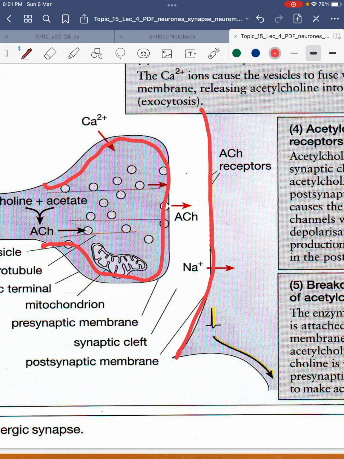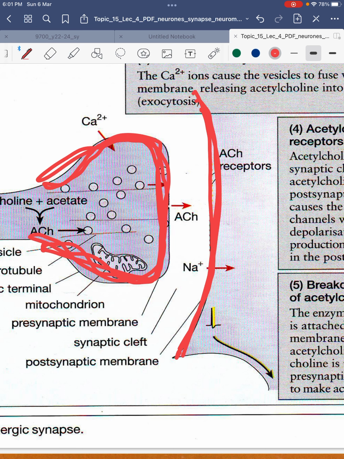So the acetylcholine is produced in the presynaptic neuron, and the receptors are found on the postsynaptic membrane of the postsynaptic neuron, and that ensures one direction. It will only propagate in one direction, unidirectionality.